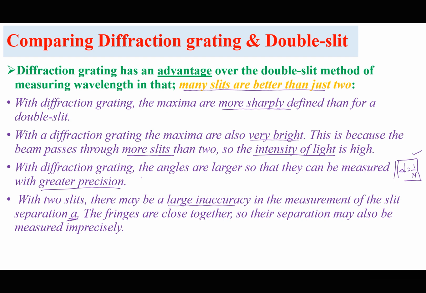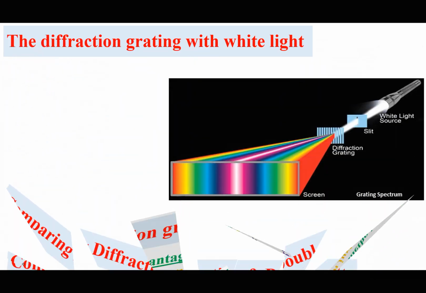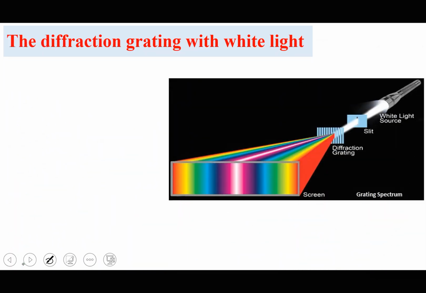Okay, so all along we have been considering monochromatic light, light of the same color, single frequency or single wavelength. Suppose the light incident on a diffraction grating is white light. Remember what we saw with white light on a double slit. It's almost the same thing we expect to observe with white light on a diffraction grating. Since for a diffraction grating, d sine theta equals n times lambda.